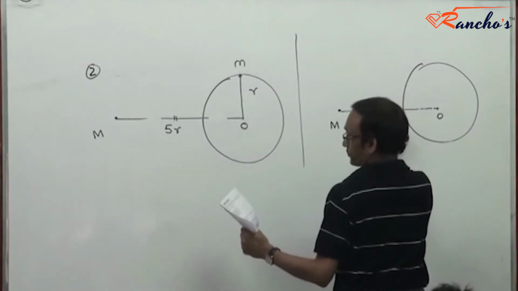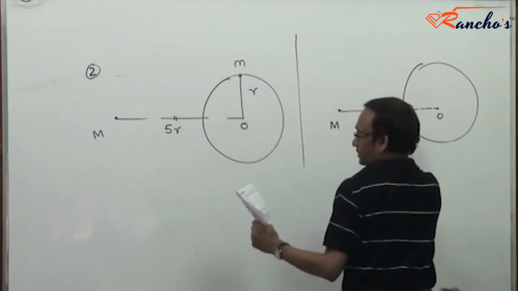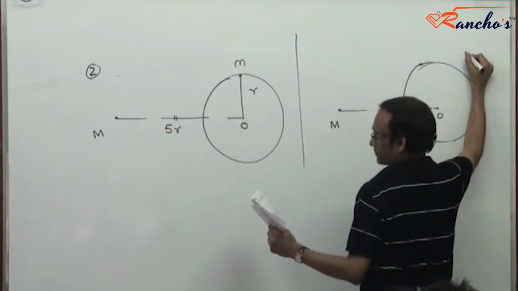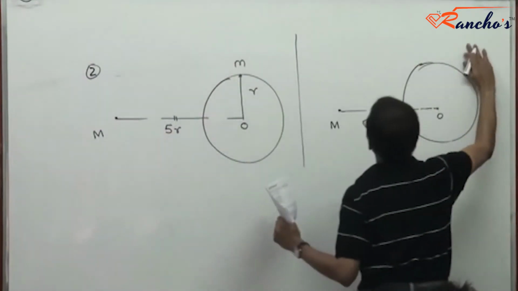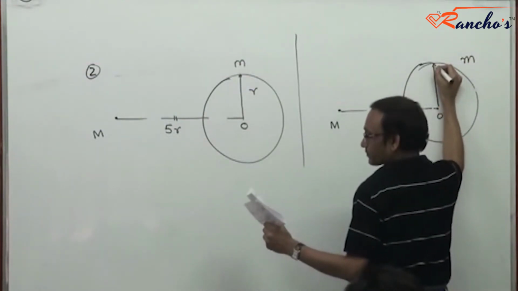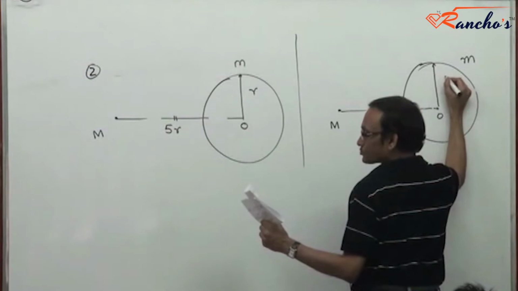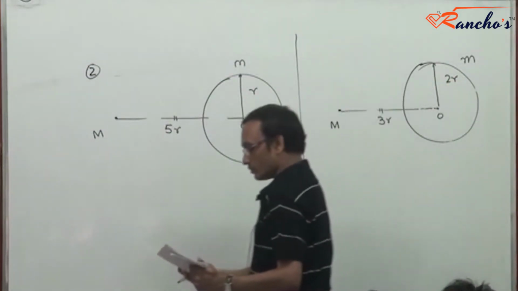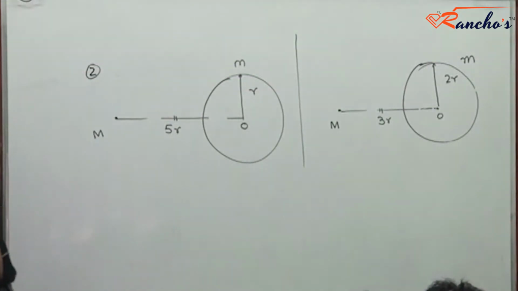Its mass will obviously remain the same, mass is small m, but its radius increases to 2r. Find the work done in the process.